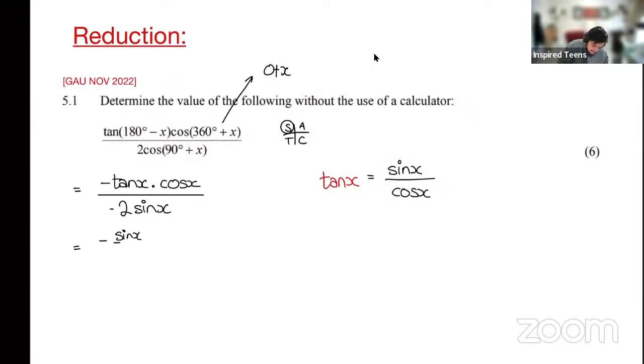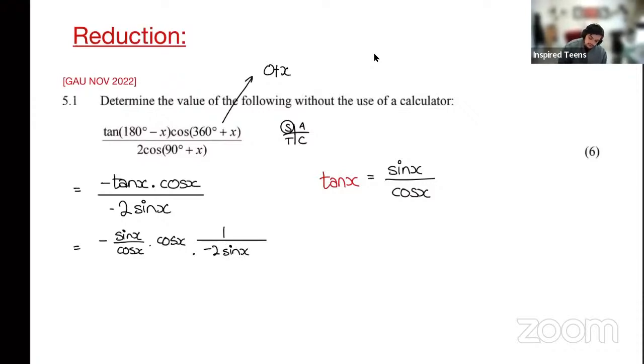We have negative sine x over cos x times cos x divided by, or I can even just multiply by the reciprocal. Currently we have negative 2 sine x over 1. So it becomes 1 over negative 2 sine x.